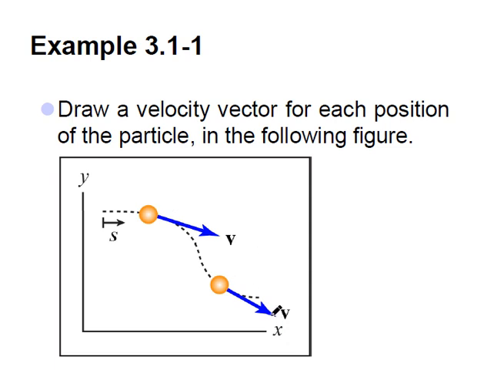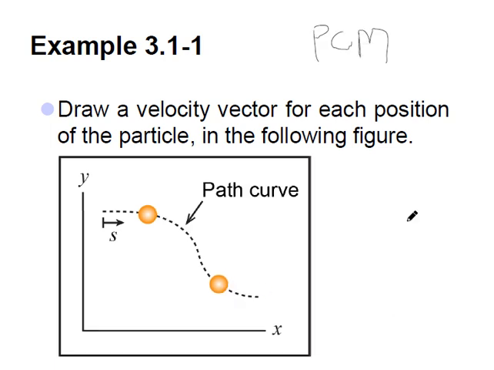Now we have drawn. The very first one is tangent to the first curve. The second one is tangent to the second curve. If you look at it, that is the curve. Curve means like that. It always has a center, where you can measure the radius.